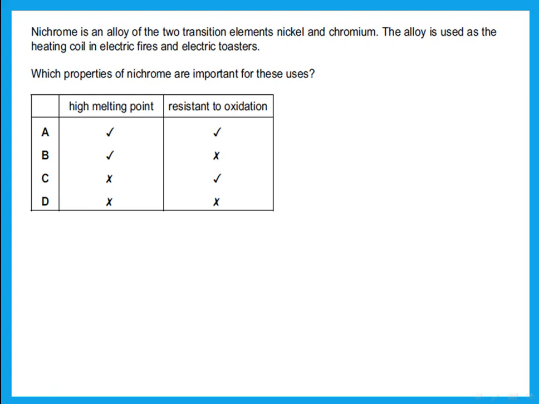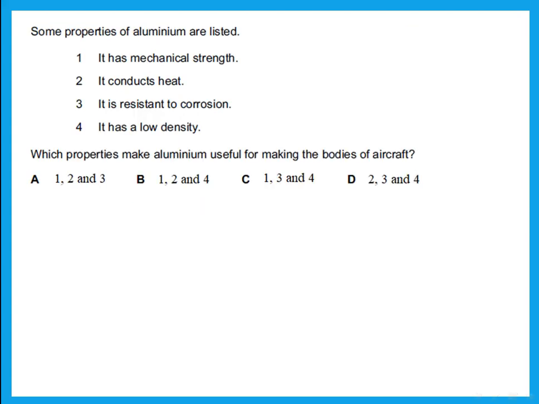Well, heating coil means I want to heat it to very high temperatures without having it melt. So it must have a high melting point. So I'm looking at A or B. Now, when it's an electric toaster, do I want it to be resistant to oxidation, that is reduction, or not? Yes, of course, I don't want it to corrode and affect my food, so the answer is A.